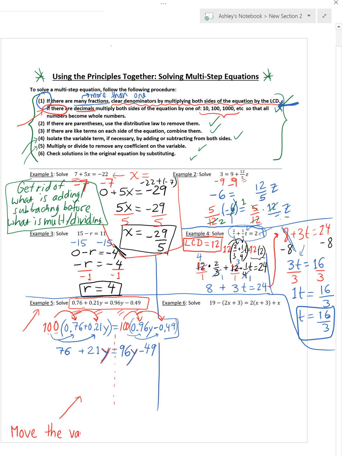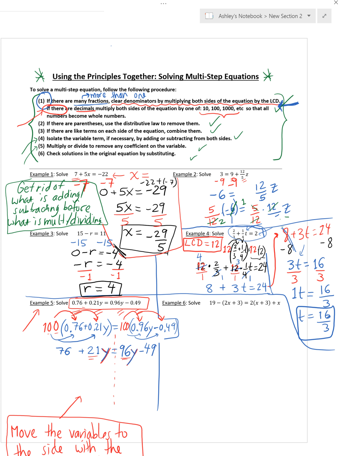Let's see. I'm going to move the variables to the side with the larger coefficient. That's a good way to go. Since the coefficient 96 is larger than the coefficient 21, I'm going to move the 21 over to the right side.